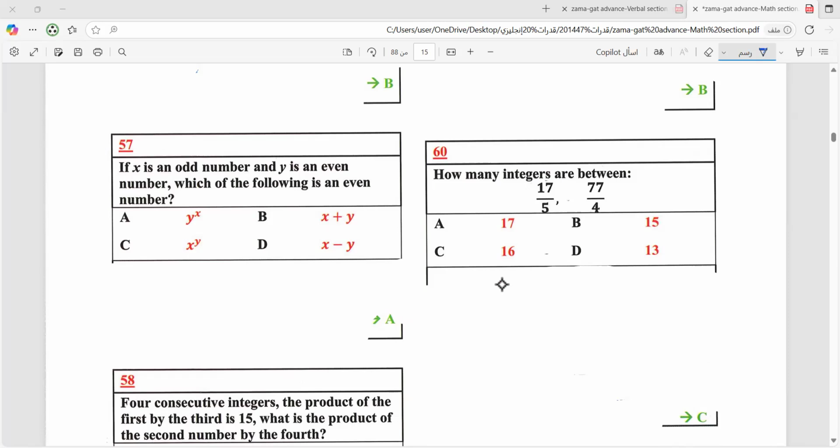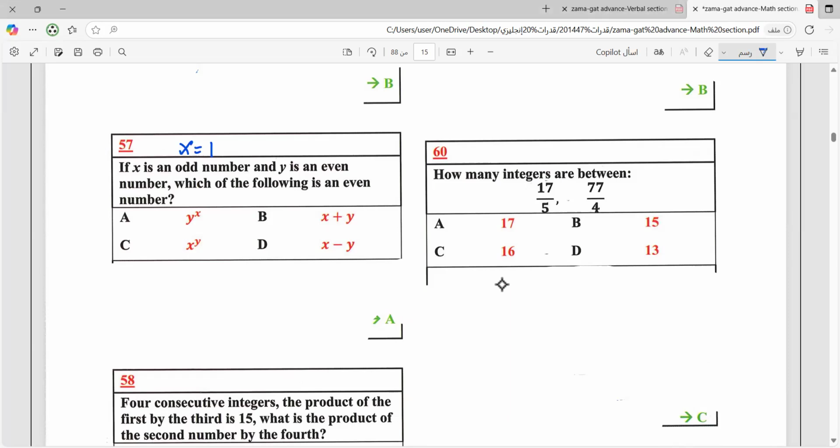X is an odd number, so we assume x is 1. Y is an even number, so y is 2. Then we substitute in the options. A: 2 to the power 1 equals 2. That's even. Yes, it is A, correct, because it's an even number.